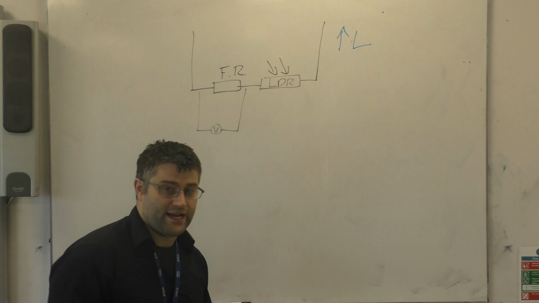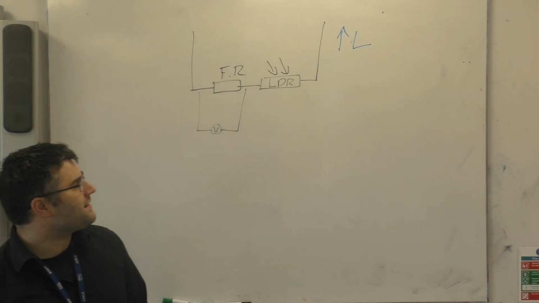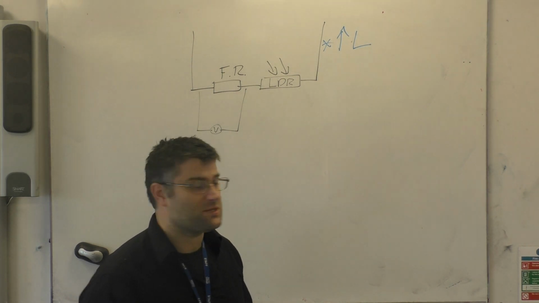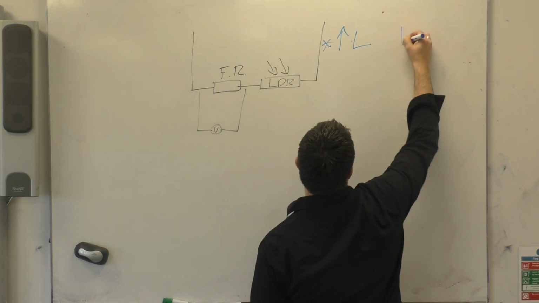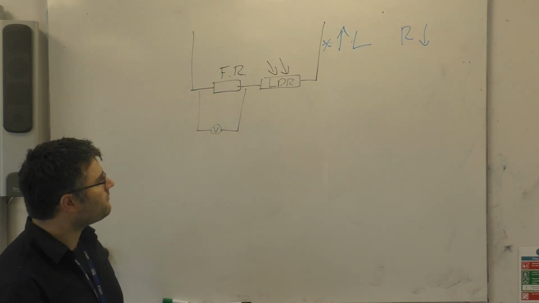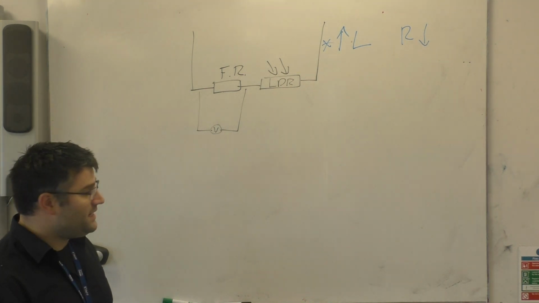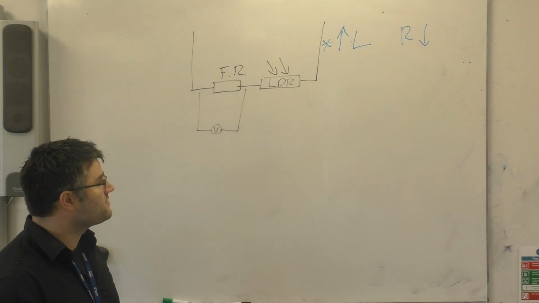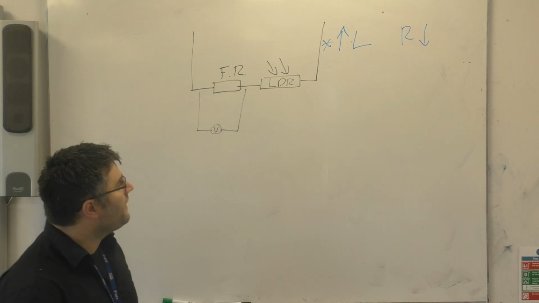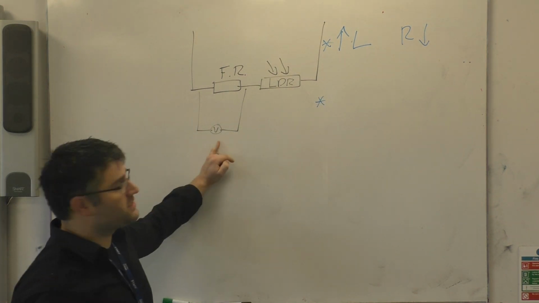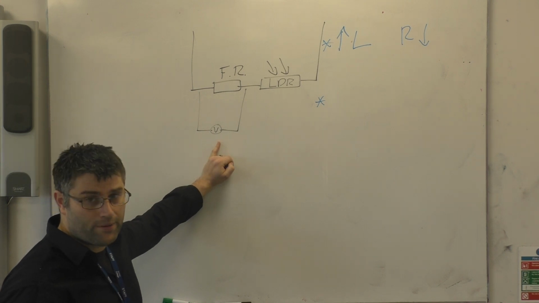As we've already suggested, what would we expect to happen to the LDR's resistance? We would expect it to go down. What does that mean happens to the voltage across the fixed resistor? That means the voltage across the fixed resistor will go up.